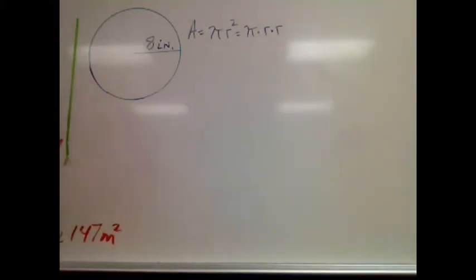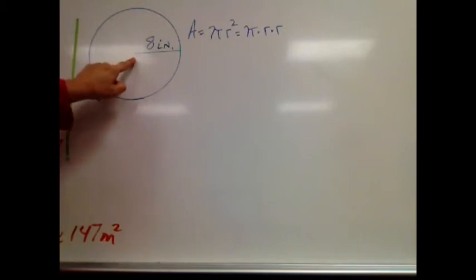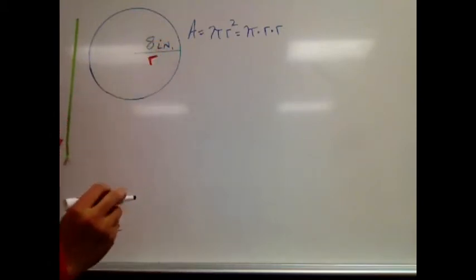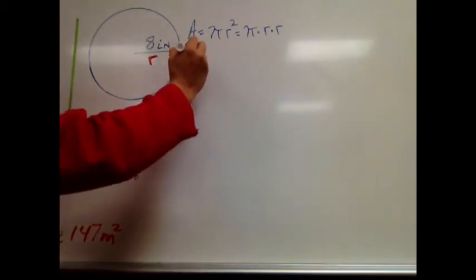Next, we're doing another problem. On the second problem, what you see is that we have a radius. Remember, radius goes from the middle to the end. So our radius is here. Our radius is equal to 8. So again, we're going to try to use an approximation.